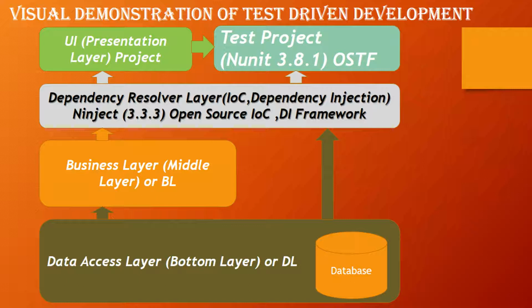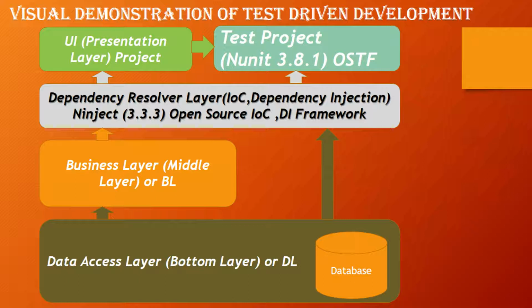It means I can directly create unit test cases for the data access layer. Also I can create unit test cases at the top UI layer and at the business layer level. So I can write unit test cases for all three layers, like DL, BL, and UI.